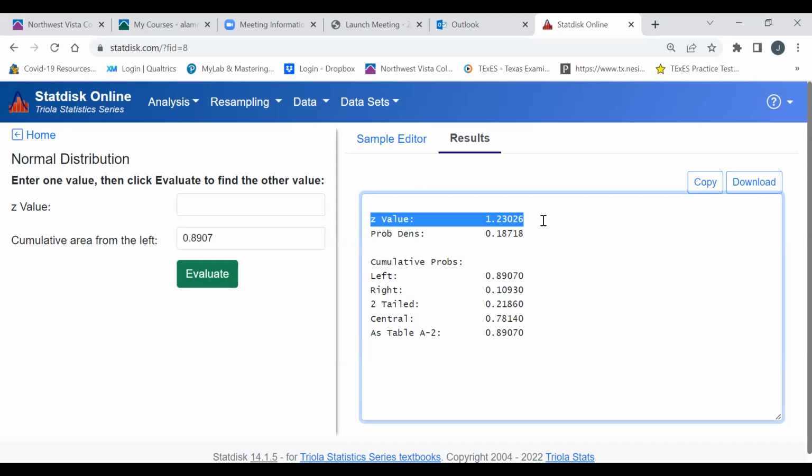Okay, so I'm drawing the picture. Hold on. I'm drawing the picture. You can see that I am not making things up. Let me just write down the number. 1.23026.